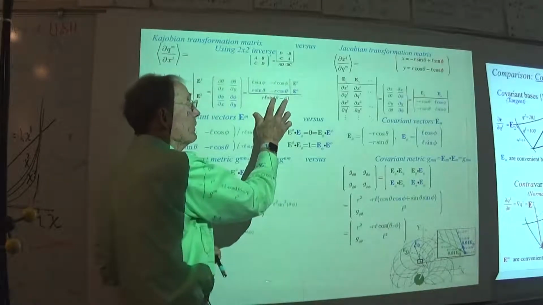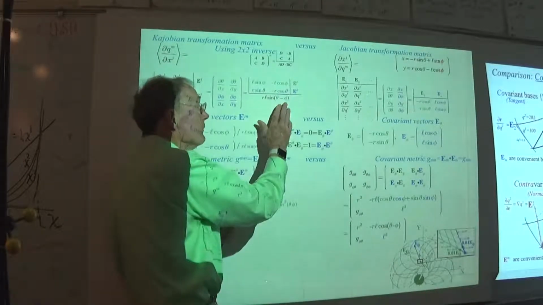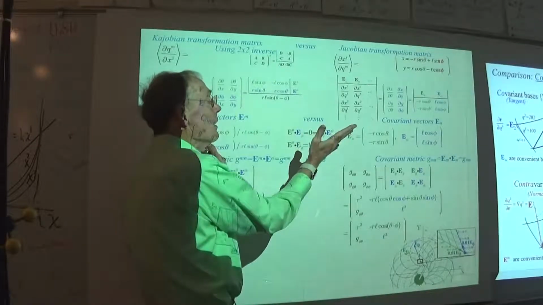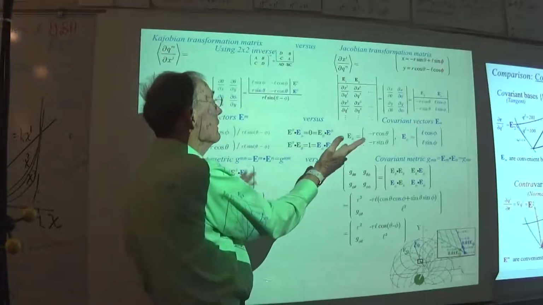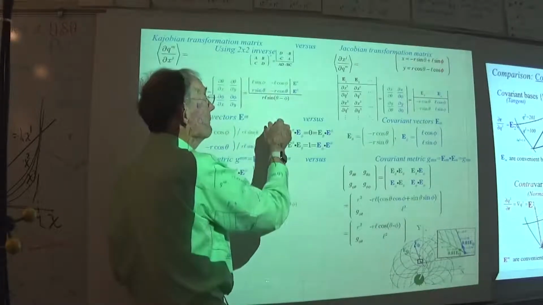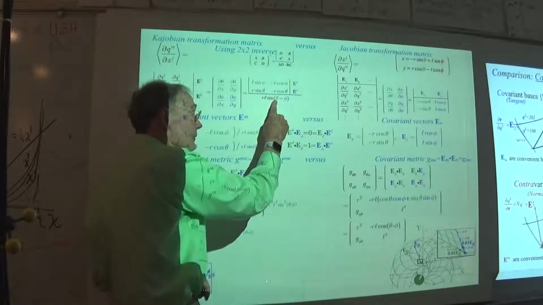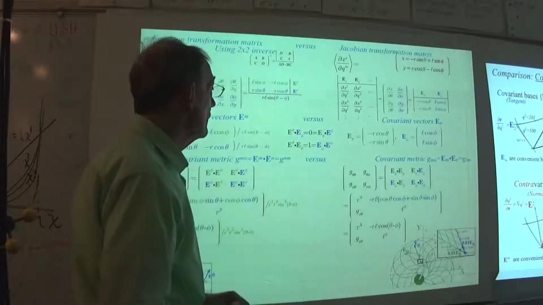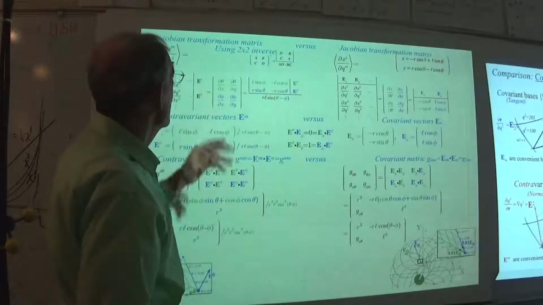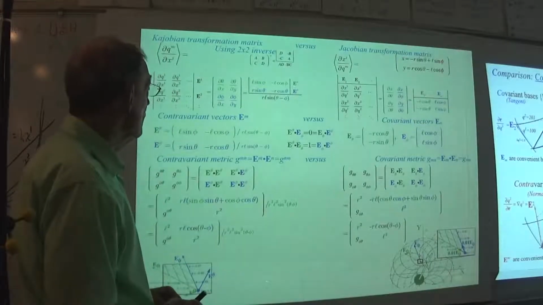And this is a factor that blows up when the trebuchet arm and beam are on top of each other or opposite each other. This thing blows up, you see. You've got a zero in the denominator when theta and phi are equal. So that's an important difference that the contravariants are going to give you.